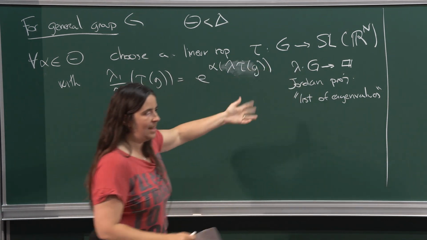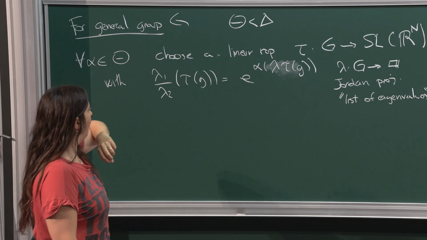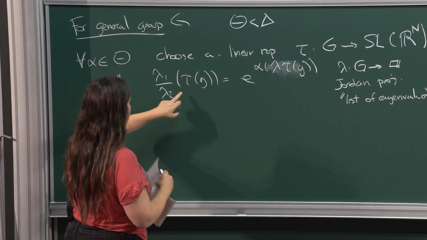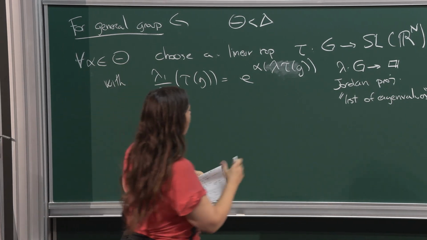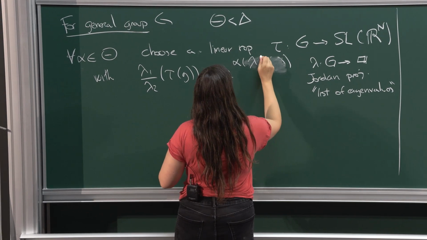Like in all linear settings, this is the list of eigenvalues. Do you need the tau on the right? Sorry, no, on the right I don't need the tau. Thanks.